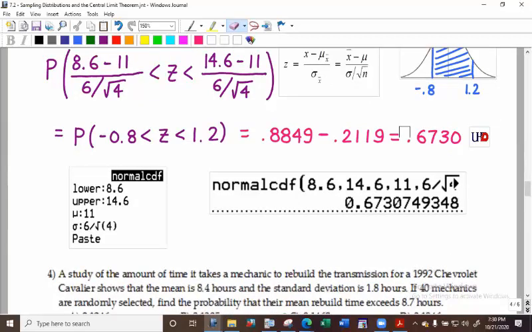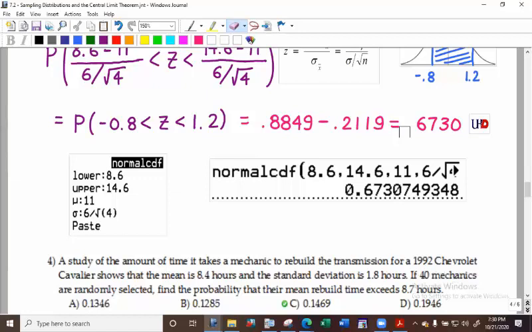Oh, let's see. I need to edit this problem one of these days. It's a study of the amount of time it takes a mechanic to rebuild the transmission for a 1992 Chevy Cavalier. I cannot imagine anyone wanting to rebuild the transmission for a 1992 Chevy Cavalier.